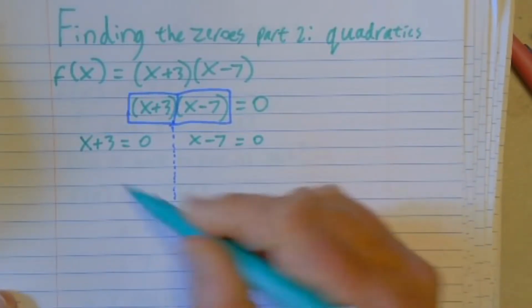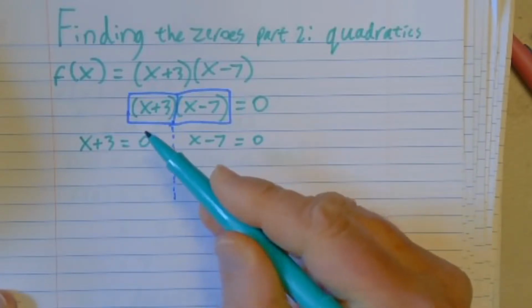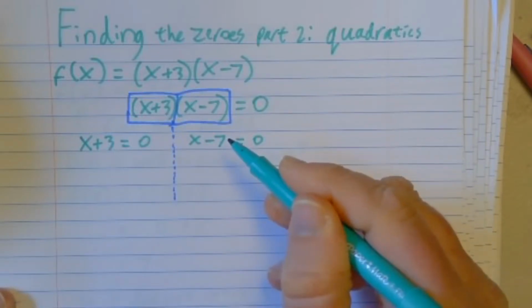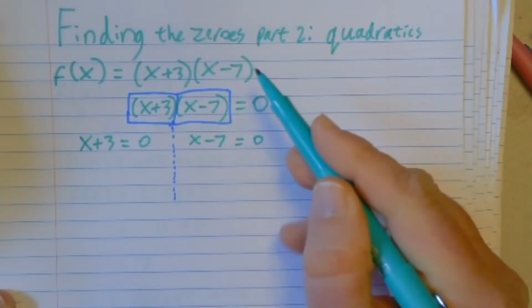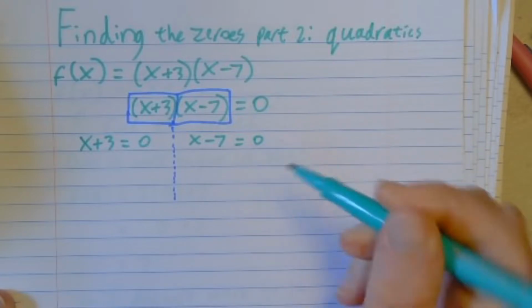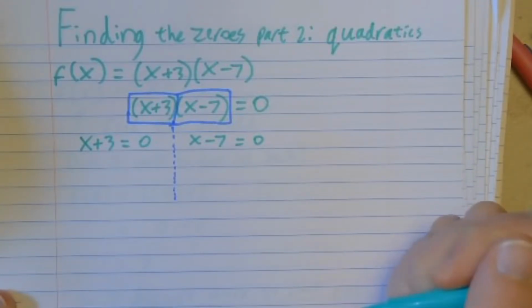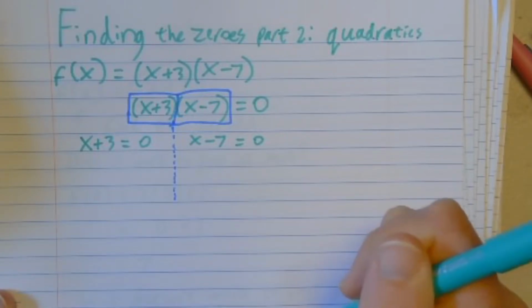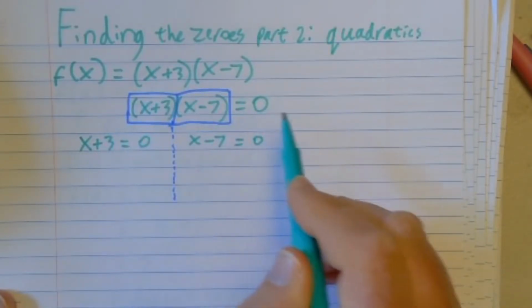And each of these will find a way to zero out one of the two things in my product. And this is why we care about having these in factored form, because we don't have a zero-sum property, we have a zero product property. So this is a property of multiplication. That's why we care that the whole thing is factored.